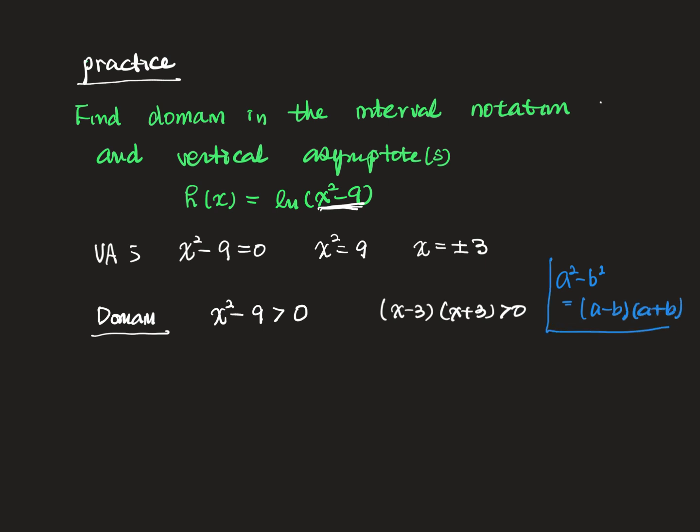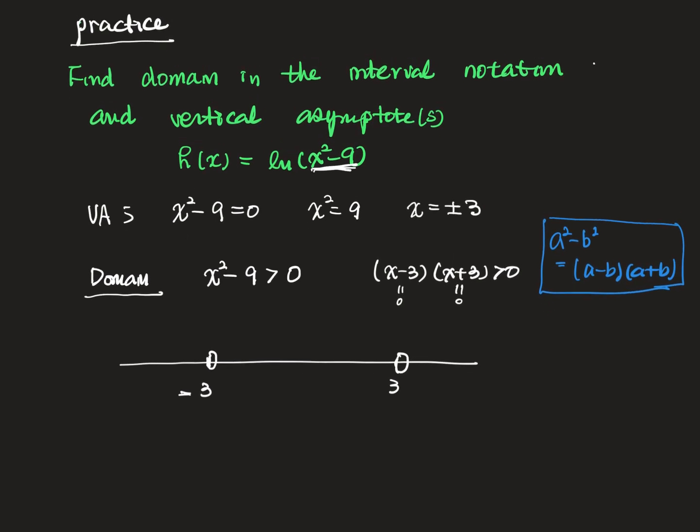So when you do the factoring, you have to find the intervals. This is 0, this is 0. You find the points 3 and negative 3. This one is not equal, so here is a hole, here is a hole.